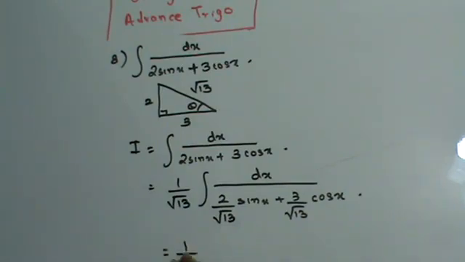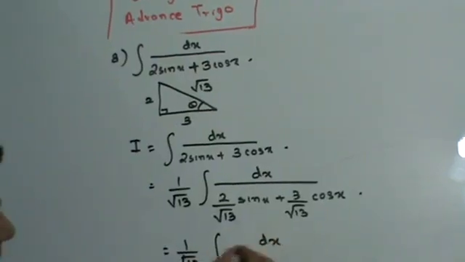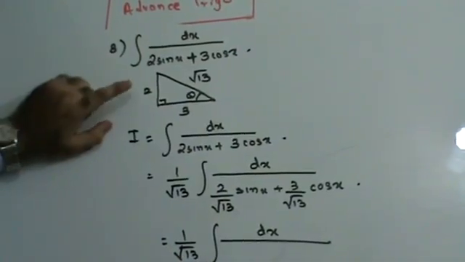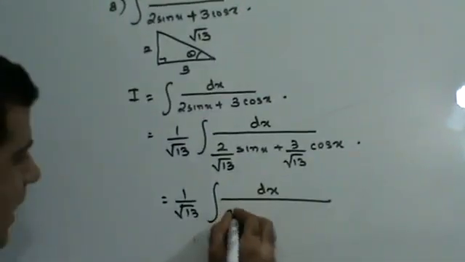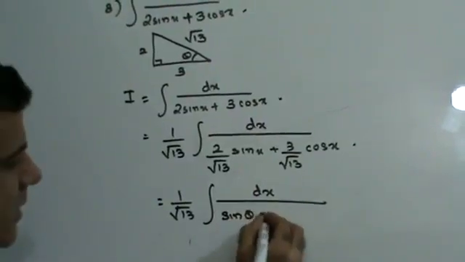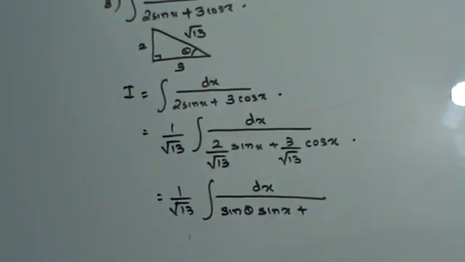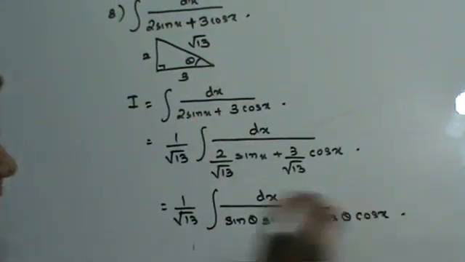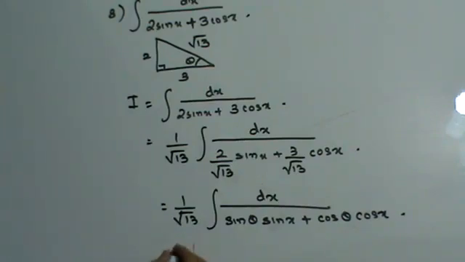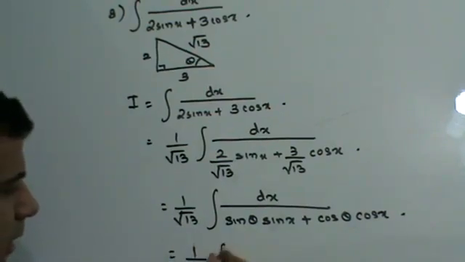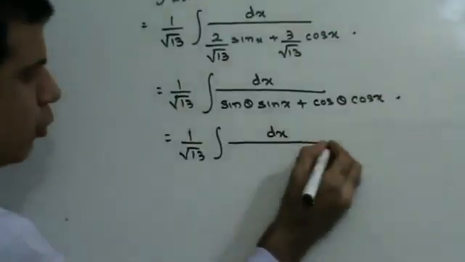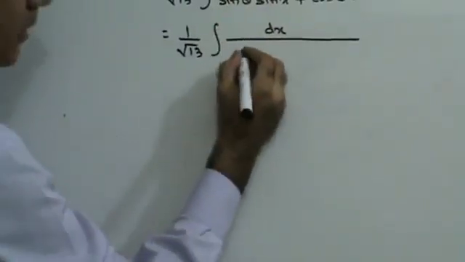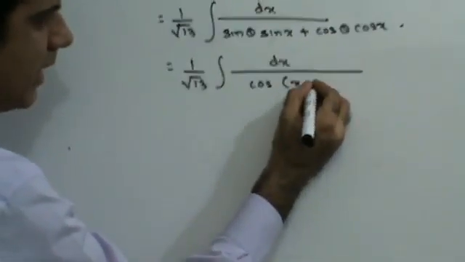Now 1 upon root 13 integral of dx upon 2 by root 13, from the triangle, can be written as opposite upon hypotenuse. So this will be sin theta. So this is sin theta sin x plus 3 by root 13 can be written as cos theta cos x. This can be written as 1 by root 13 integral of dx upon, you could use the addition formula here, cos A cos B plus sin A sin B is nothing but cos (A minus B).